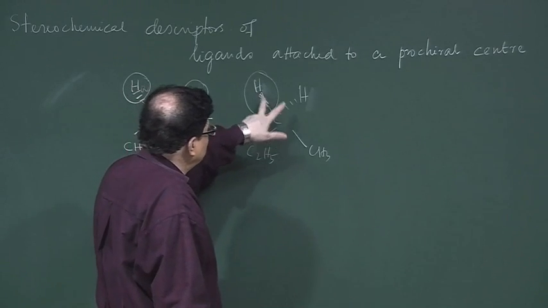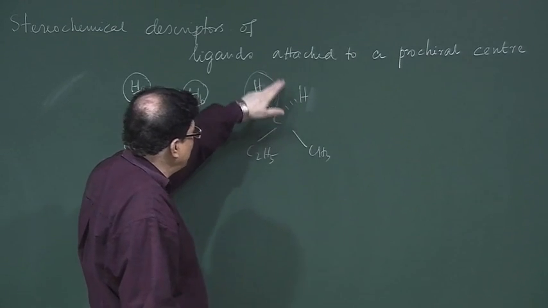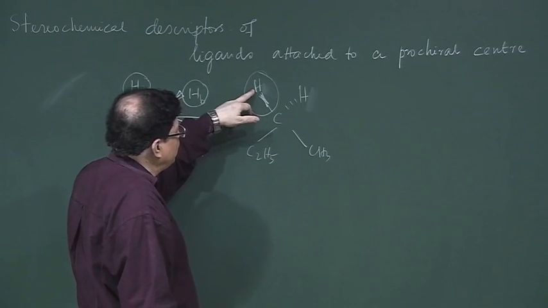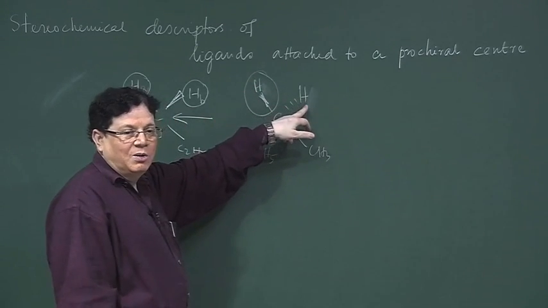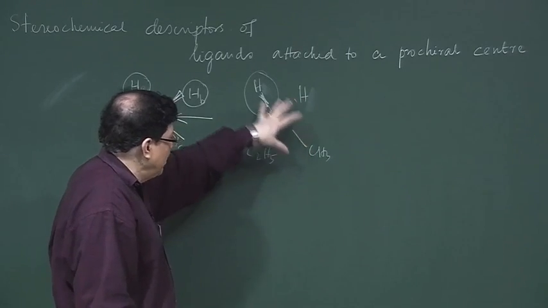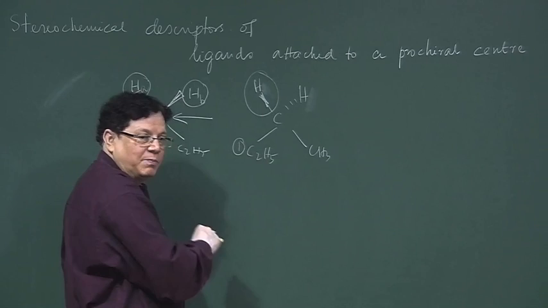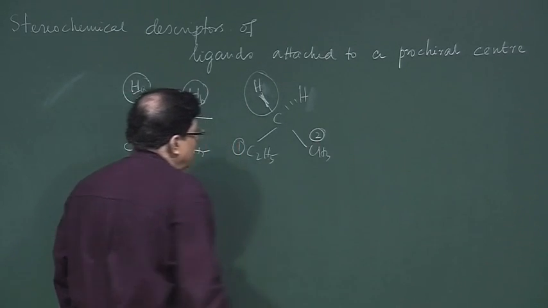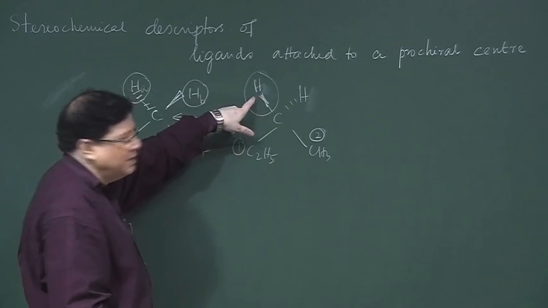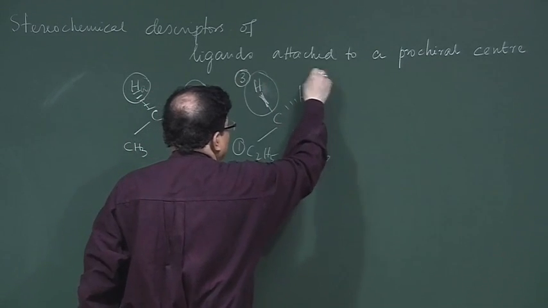These two should have the same priority, because they are the same atoms, but as you are trying to figure out this hydrogen, you give higher priority to this hydrogen over the other hydrogen which you are not considering. So, when I assign priority of the ligands attached to this carbon, this is C2H5, so that will obviously be 1, this will obviously be 2. Now, since I am trying to figure out the descriptor for this hydrogen, I assign this as 3 and this as 4.